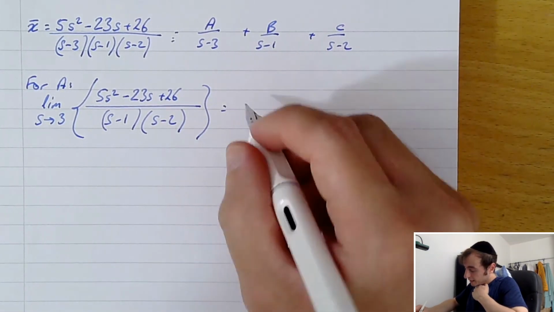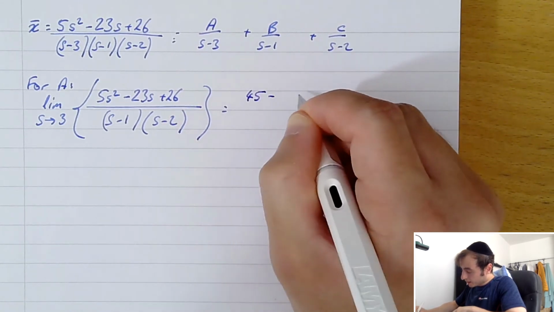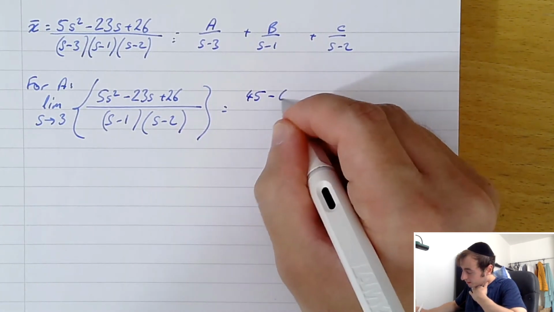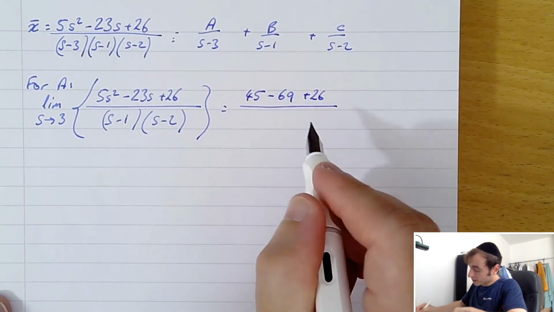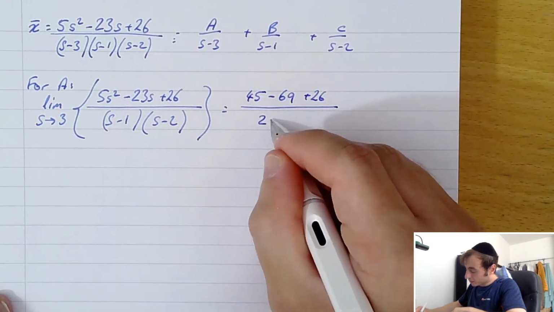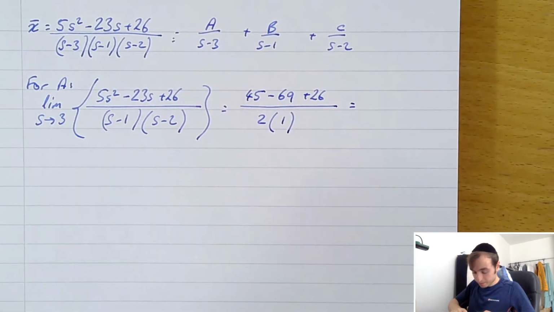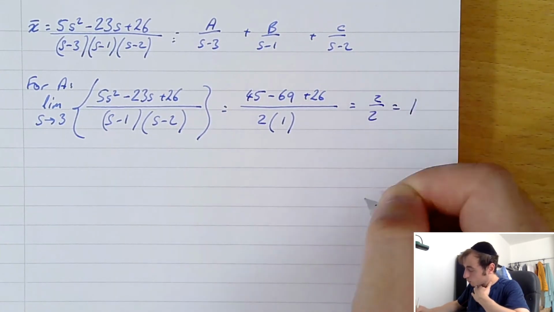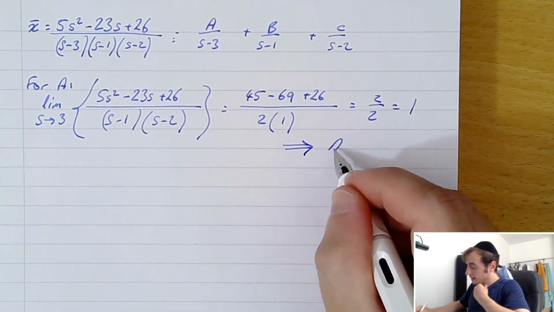So that's going to be 5 times 9 is 45, minus 23 times 3 is 69, plus 26, all on 3 minus 1, 2 times 1. 45 minus 69 plus 26 is 2, on 2 equals 1. So that implies that a equals 1.